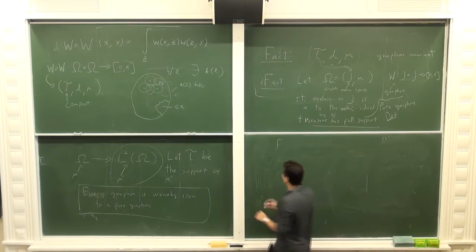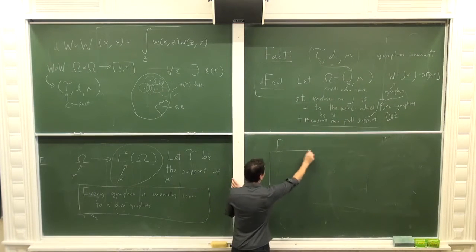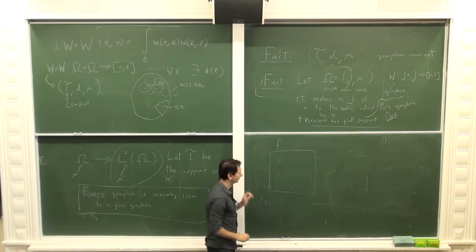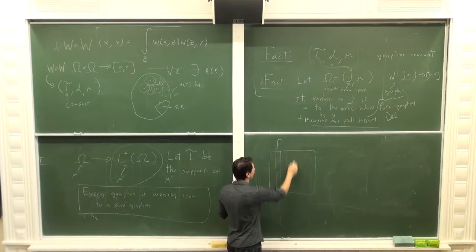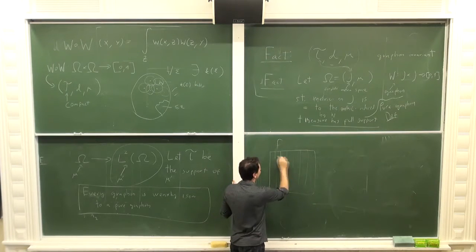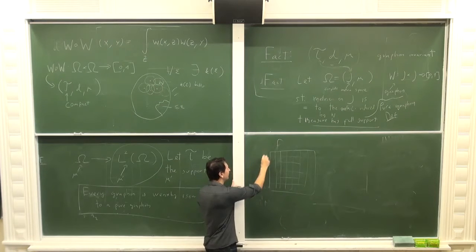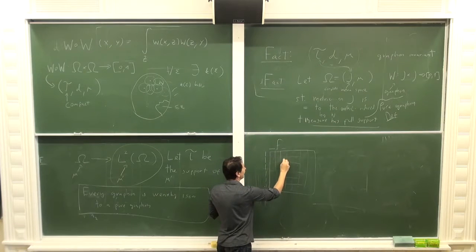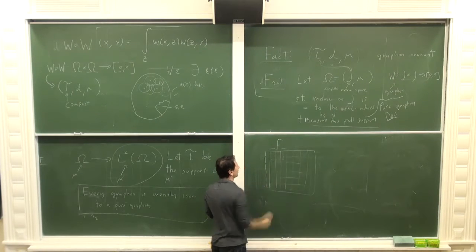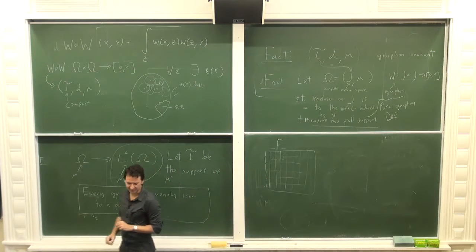So the fact is this: if you have a two-variable measurable function W, then it can always be approximated by a step function with arbitrary precision. This is a step function where you decompose the unit interval into small intervals, and then the value depends only on the partition set containing the coordinates.